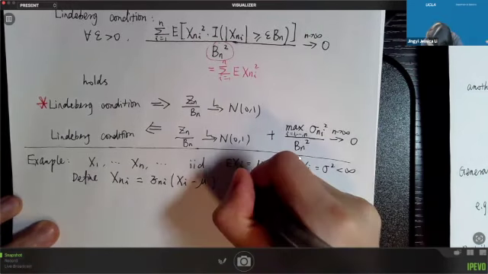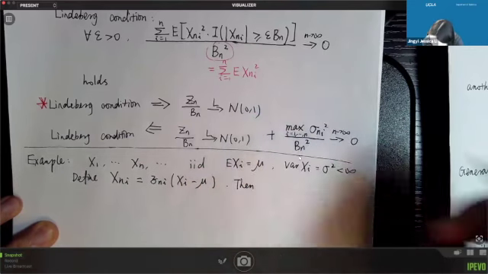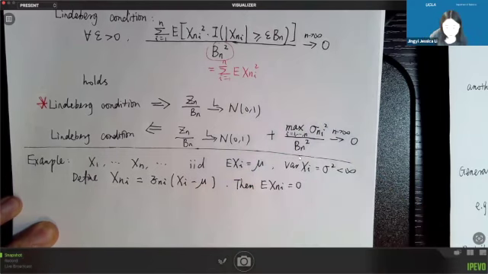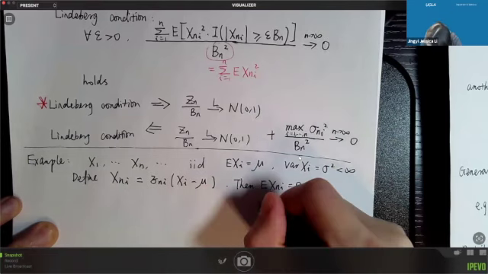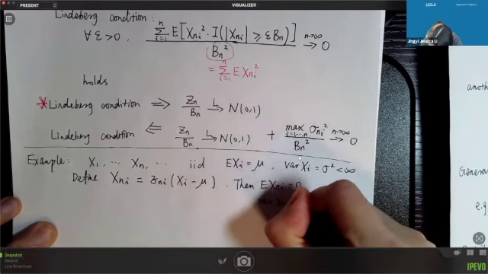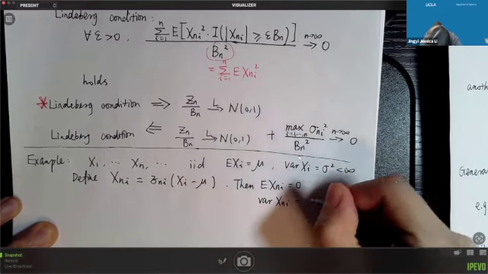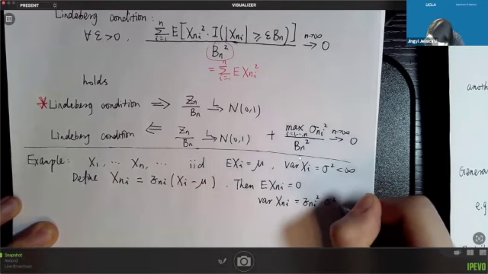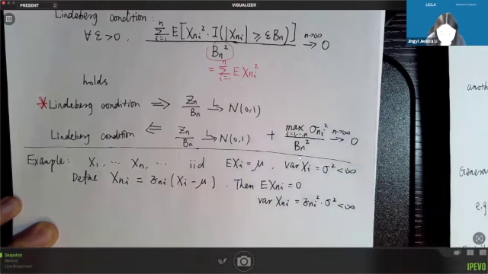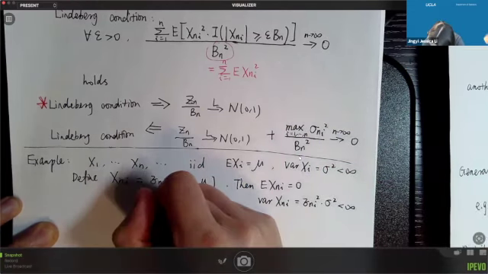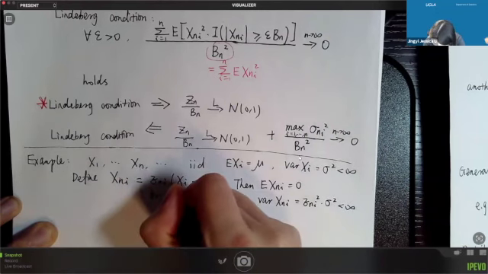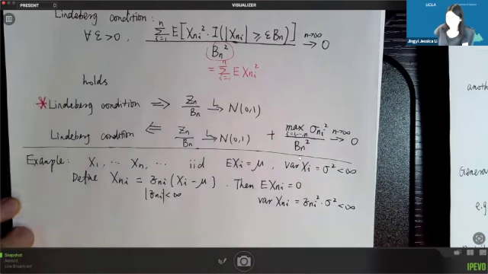Then we have the expectation of Xni is 0, and the variance of Xni is Zni squared sigma squared, and it's still finite. We just need to make sure the Zni's are finite.